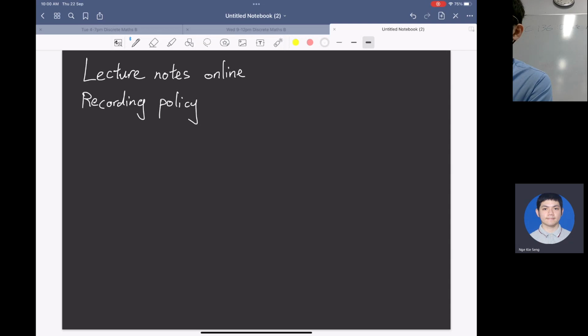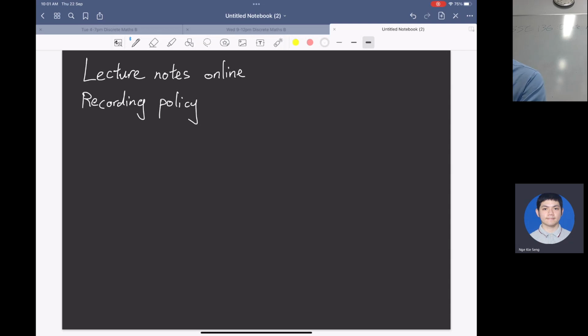You can read the extra section in the textbook for your own knowledge, because even for me doing the research, I have to read something from different fields. I will upload my lecture notes after the lecture, so you will be tested based on my lecture notes. I won't give something out of nowhere. It must be able to be deduced from my lecture notes.